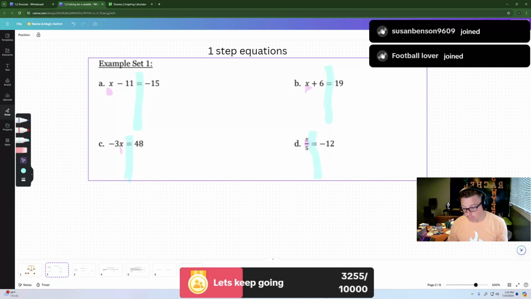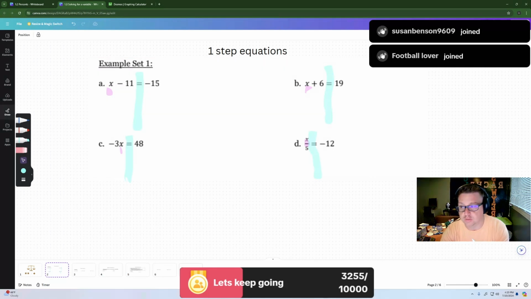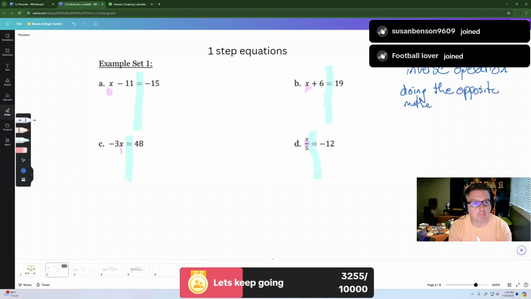It's very important for us, especially when we're going to try and solve these, because what we're going to do is what they call an inverse operation, which is just doing the opposite mathematical operation.